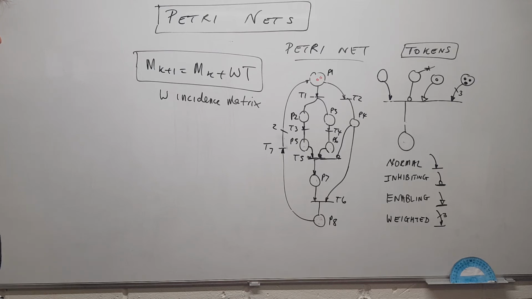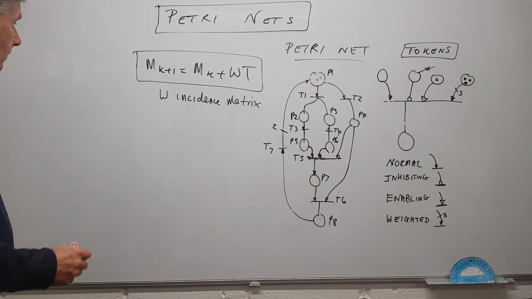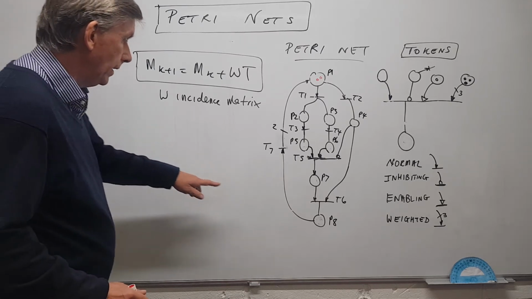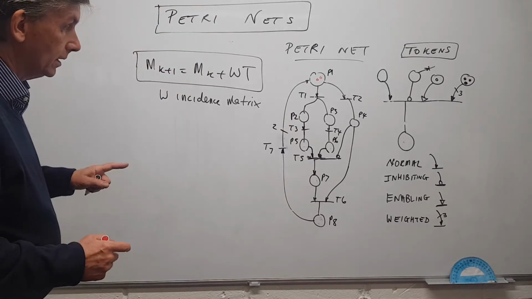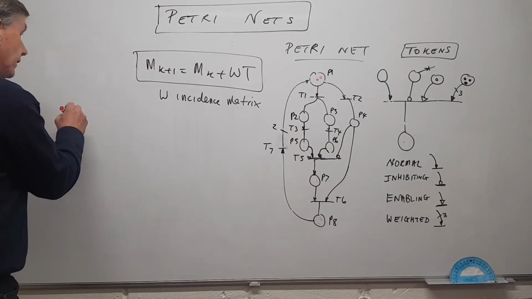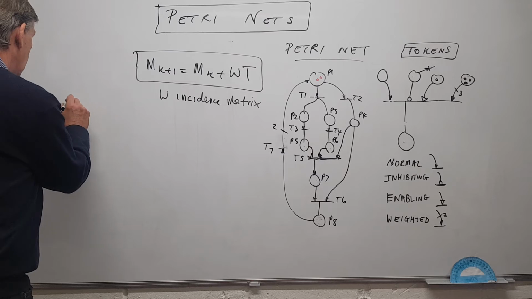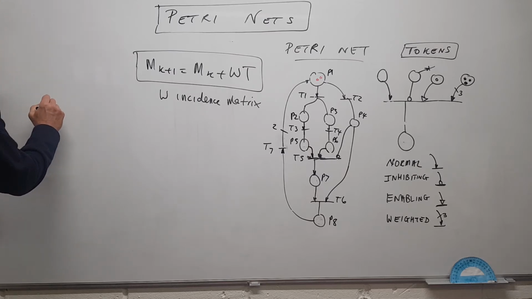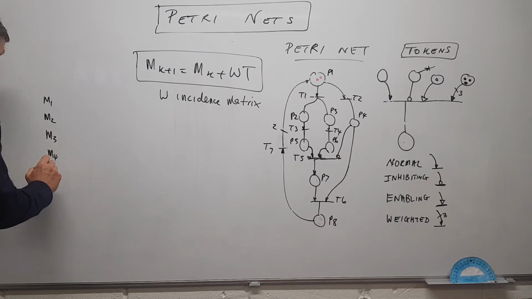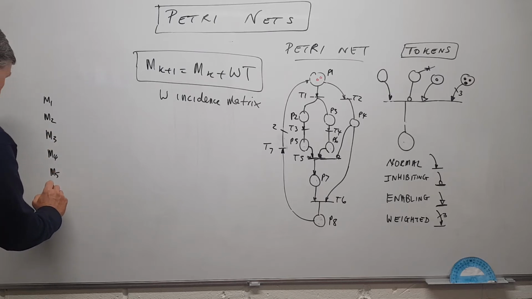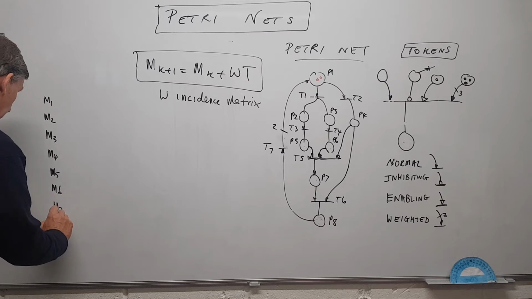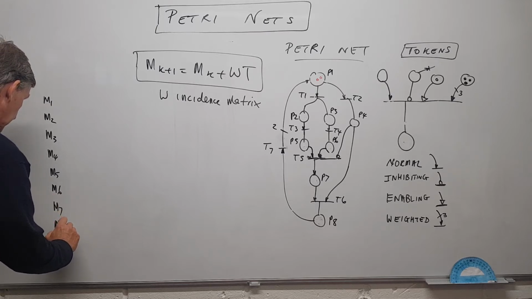And let's have a look at the incidence matrix for this. So we write down the number of markings, which is going to be 1 to 8. So we have M1, M2, M3, M4, M5, M6, M7, M8.